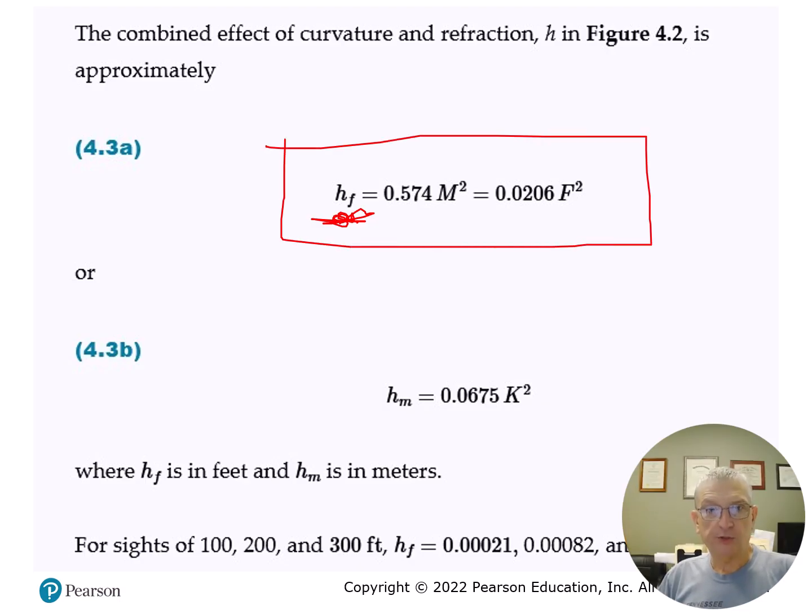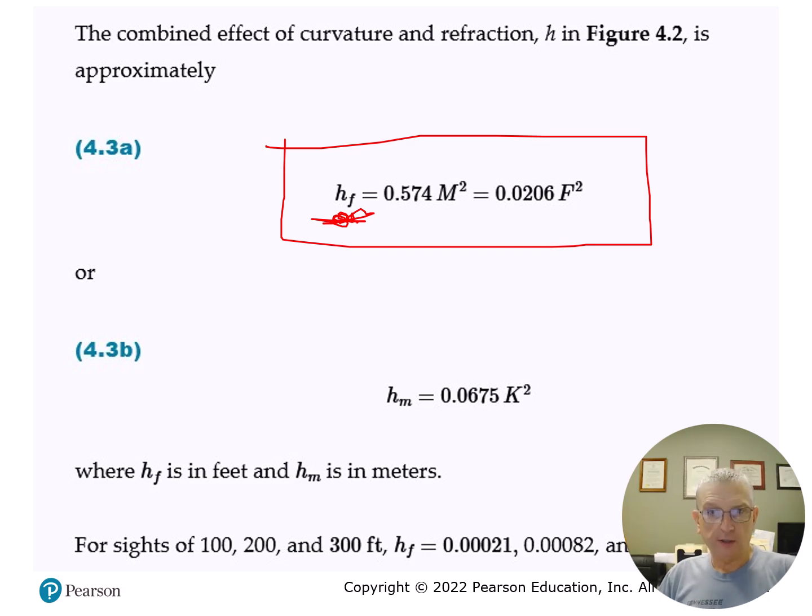That is 0.574 times miles squared. So however many miles that is, square it, multiply it times 0.574, and that is your curvature and refraction, your CNR adjustment in feet. Now in meters, it's 0.0675 times kilometers squared.